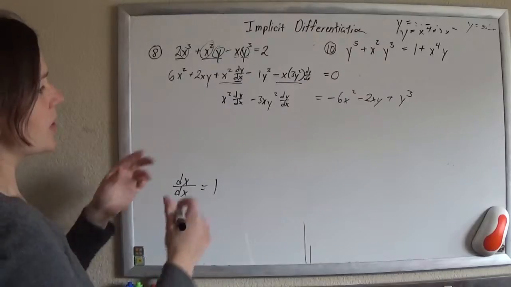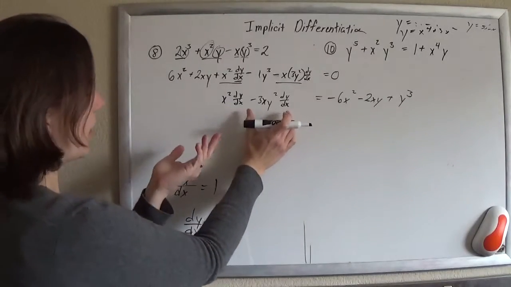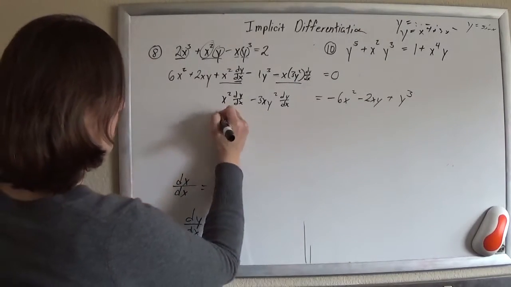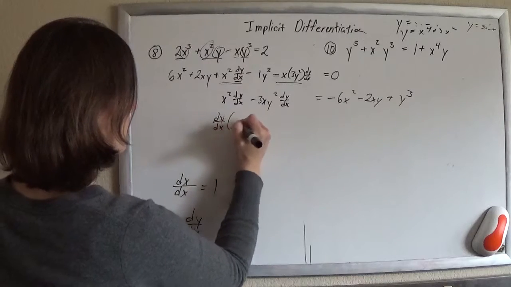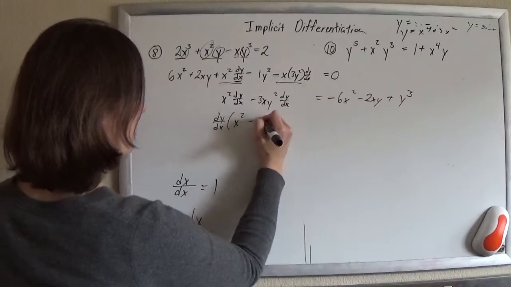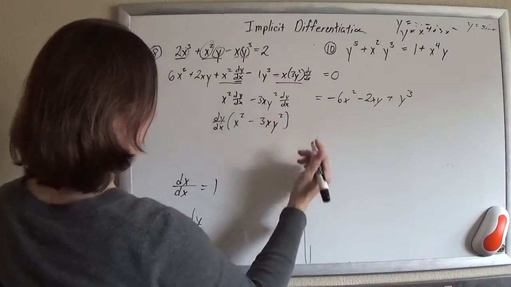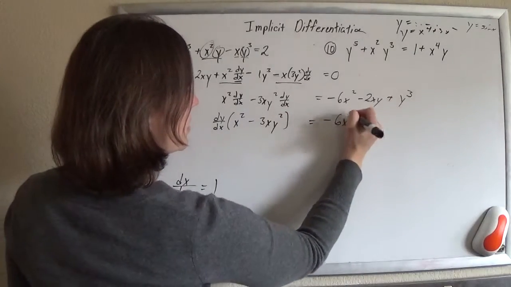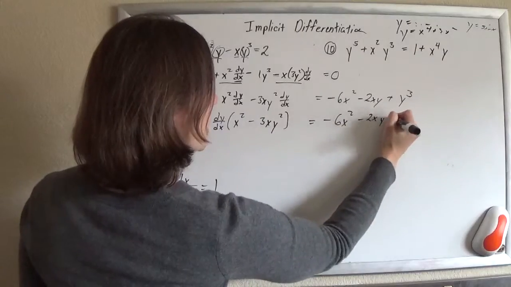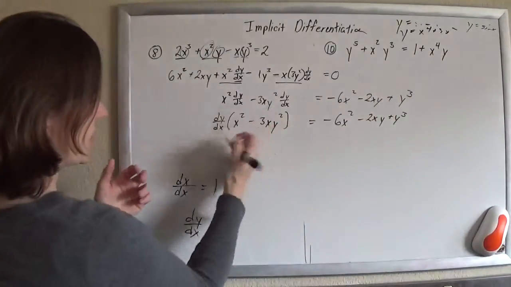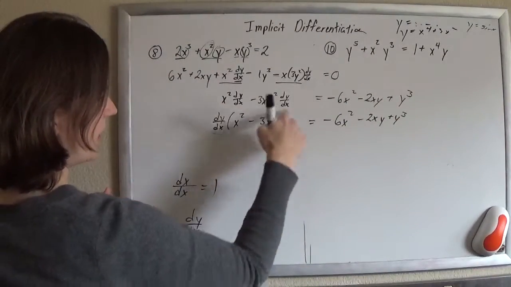Excellent. And so just normal solving. I've got dy/dx in both of these. Go ahead and factor it out. So dy/dx times (x squared minus 3xy squared) equals this whole mess over here. It doesn't change. Grand finale, just divide both sides by that.